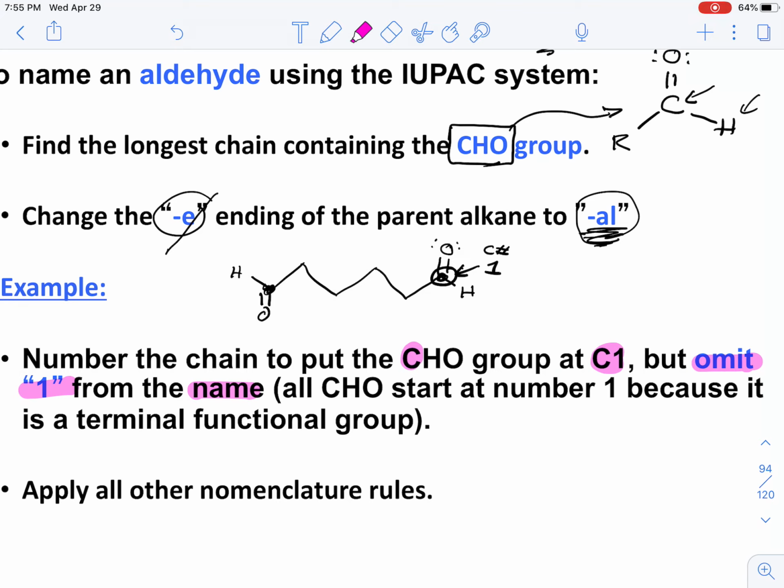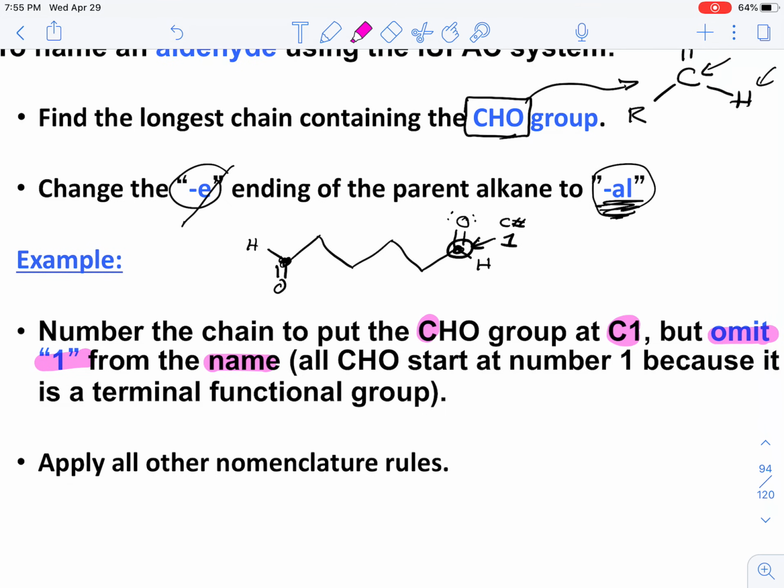Since the carbonyl carbon of the aldehyde is always found on the terminal ends of a carbon chain, it will always be carbon number 1, and so there's no need for you to communicate that to the reader. In other words, you don't want to write down that 1 in front of the parent name. We're going to go ahead and look at lots of examples that will highlight this point.